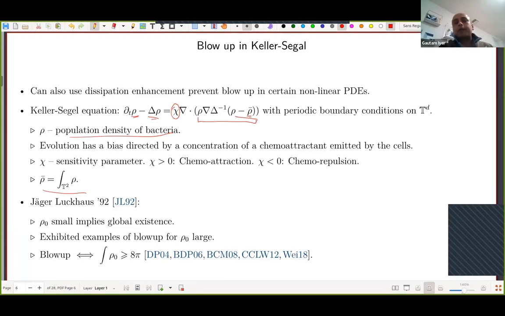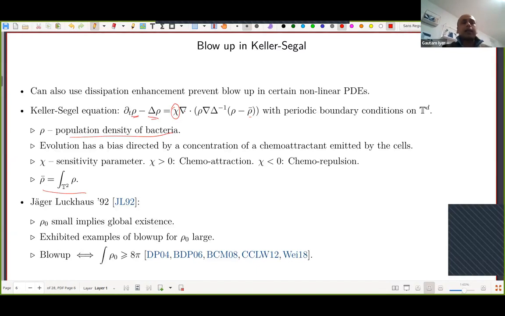Typically you write it as a coupled system, and if you simplify it a bit, you can put it in this form, with a gradient Laplace inverse and then a divergence nonlinearity. This was introduced by Keller and Segel a while back.